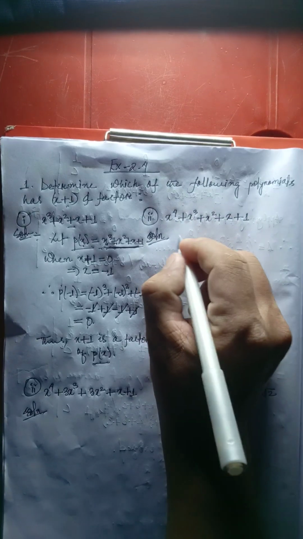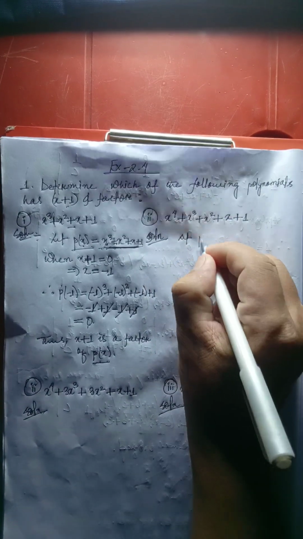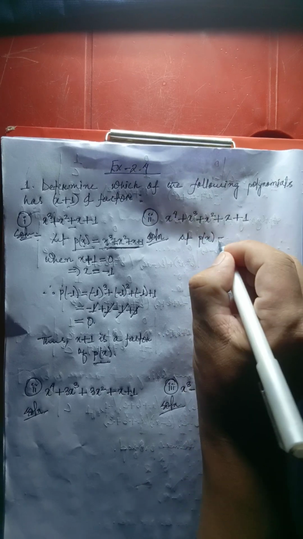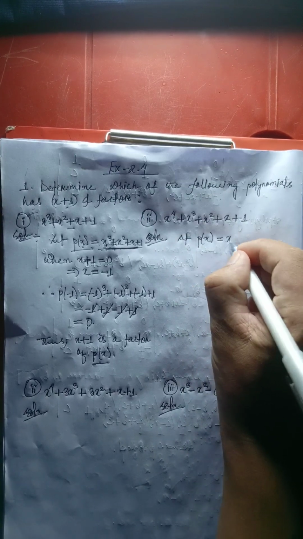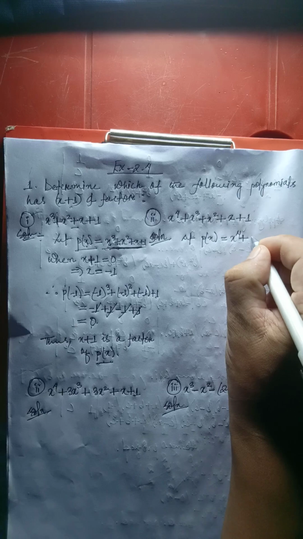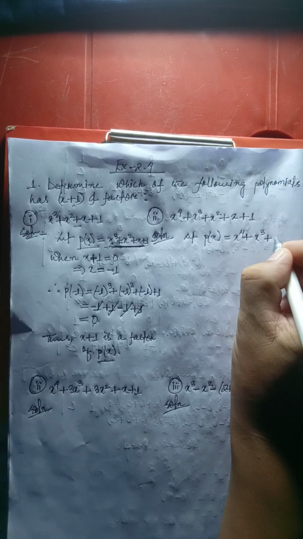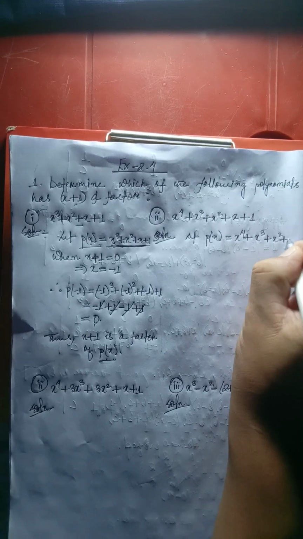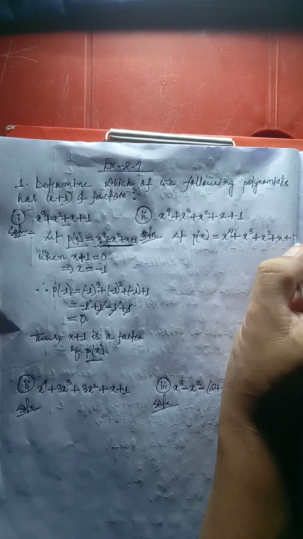then if there is no problem regarding this, let us move to Roman number 2. As we can see in Roman number 2, first of all, let us name this one as p of x, and after that we have x to the power 4 plus x cubed plus x squared plus x plus 1.